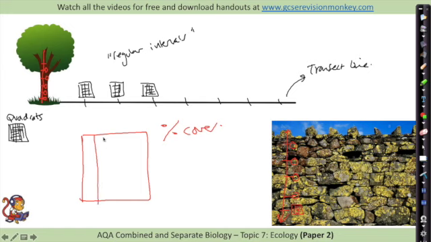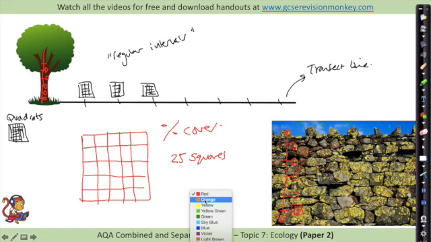So, for example, if I draw a very simple, small quadrat that is 5 squares by 5 squares, in total there are 25 squares. Let's say that we put this on the wall and we had a particular coverage of lichen, like so.